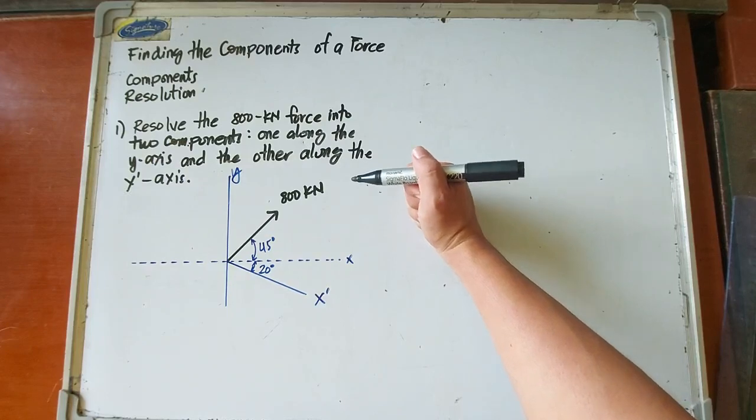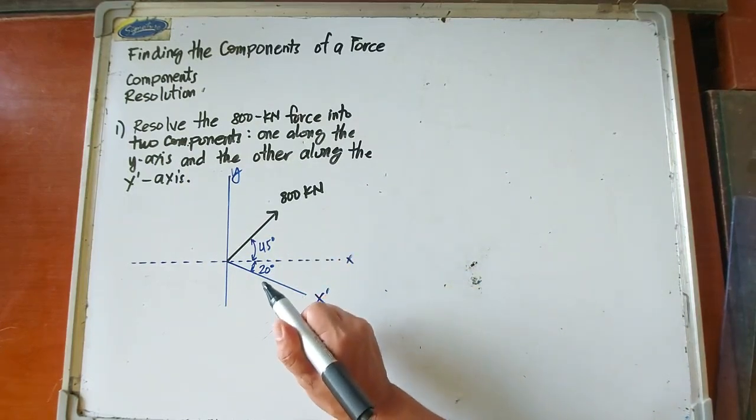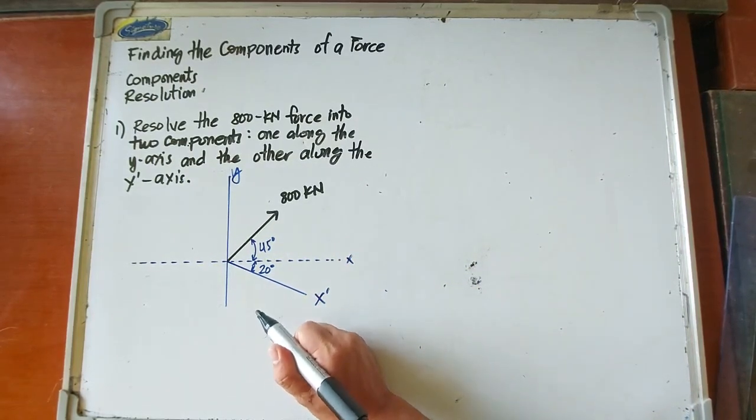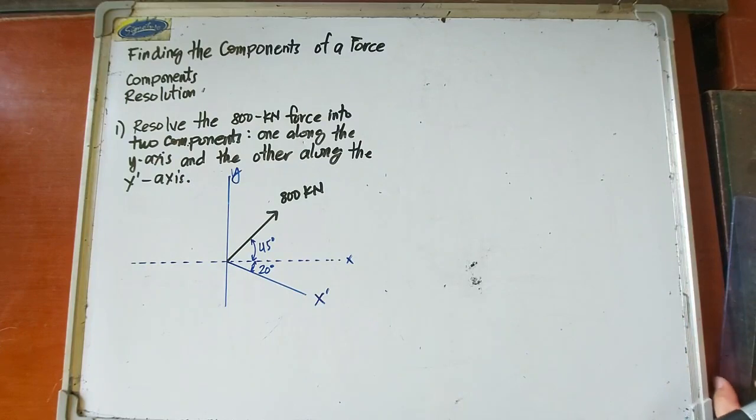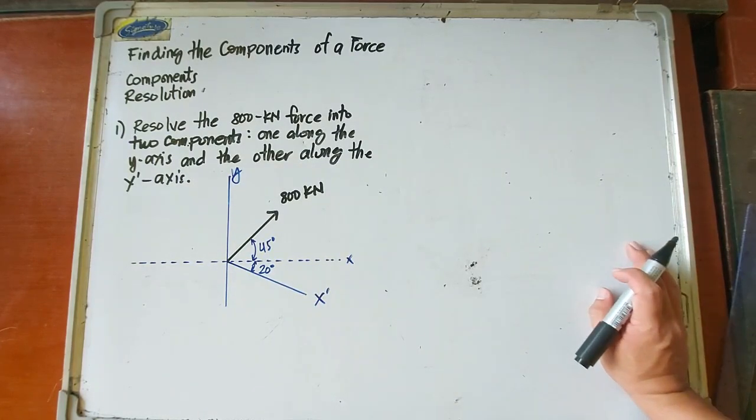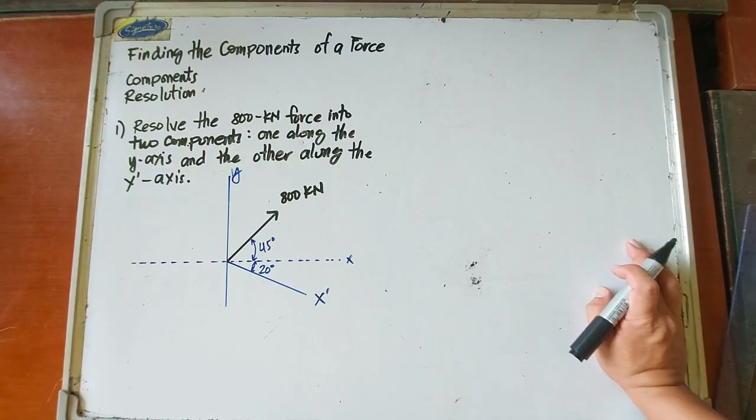What if the axes are rotated? So it is more convenient to use the parallelogram method if the axes are rotated. If you want to solve for the components along a rotated axis, then it would be more convenient to use the parallelogram method.